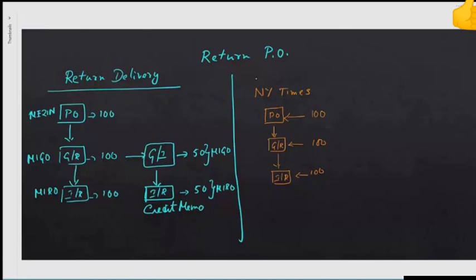Now, we might not sell all the 100, isn't it? We might sell 50, we might sell 75, we might sell 25. What happens to the remaining newspapers that we accumulate every day that we don't sell? Well, newspapers, magazines, bread, these kind of goods, they expire by the day, right?